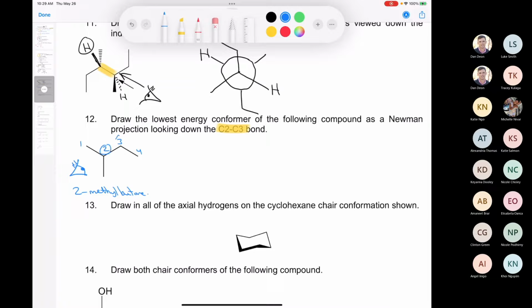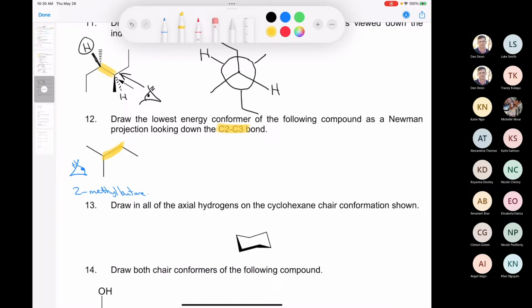We're looking down going from carbon 2 to carbon 3. And it says draw the lowest energy. So that means we're going to draw the lowest energy staggered conformation, because staggered is lower energy than eclipsed.